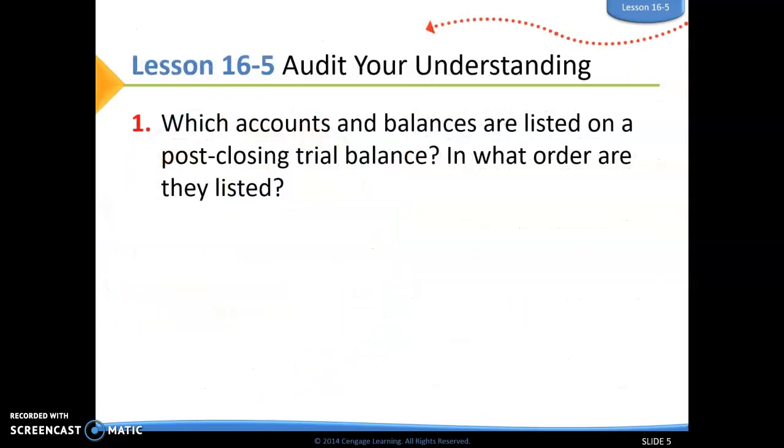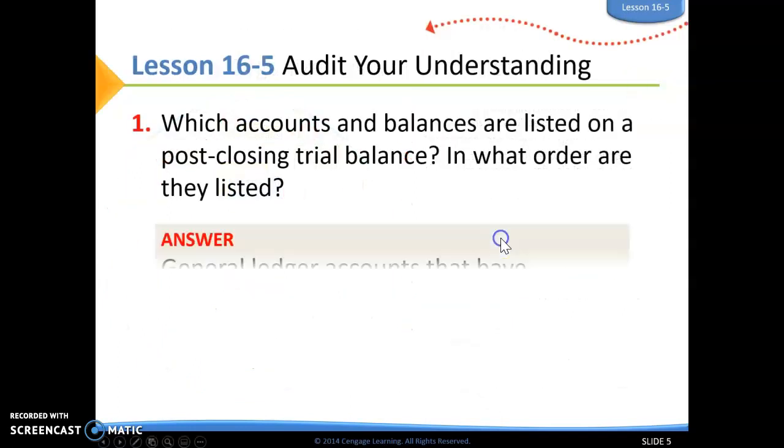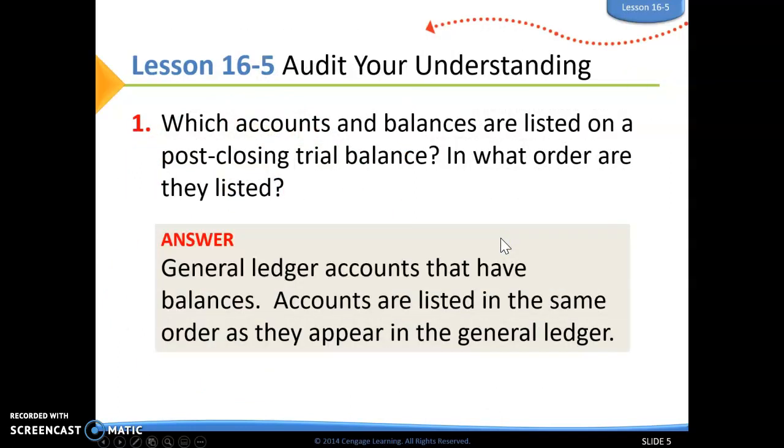All right, number one, which accounts and balances are listed on a post-closing trial balance? And in what order are they listed? Any general ledger account that has a balance is going to be listed on our post-closing trial balance.